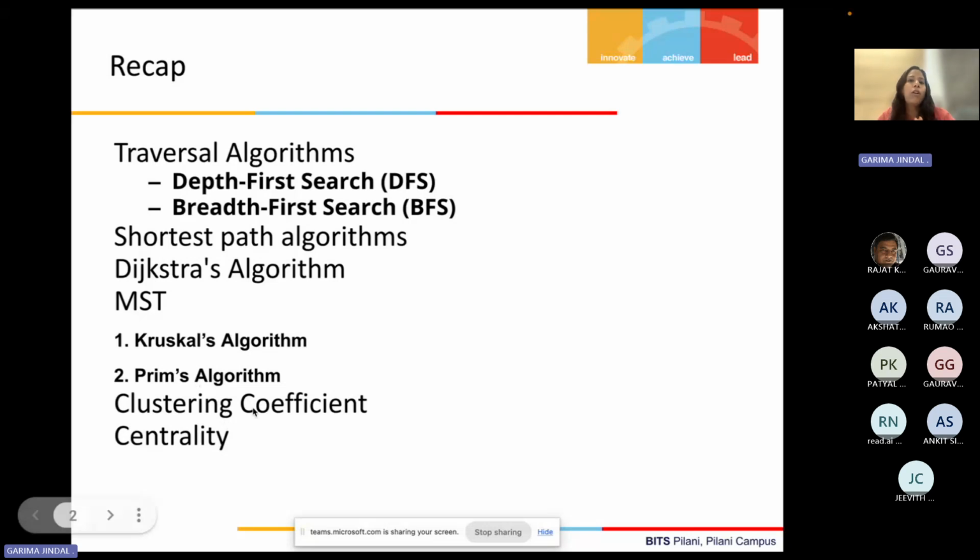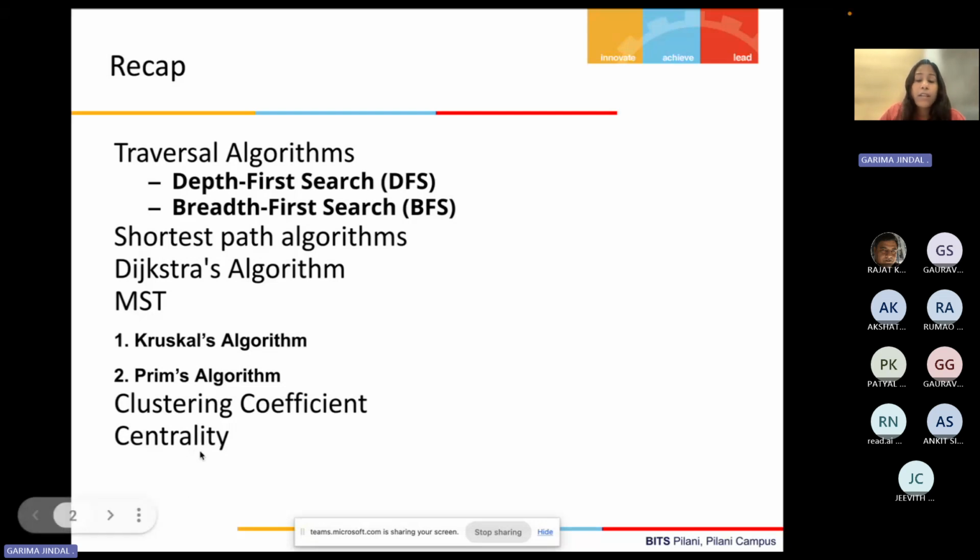Then we moved on to some social media analytics measures. The first measure that we discussed was the clustering coefficient. After that, we moved on to a very important question in social media analytics: how do you identify important nodes?